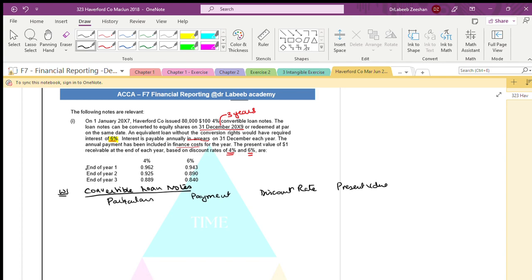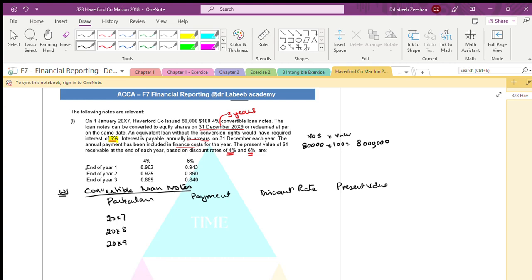This is for 2007, 2008 and 2009. Now the amount is 80,000 units into a value of 100.